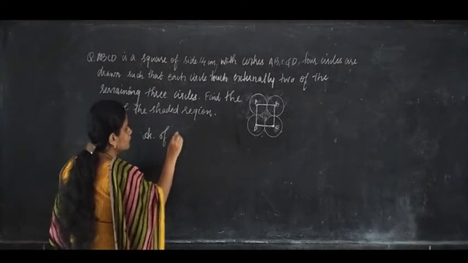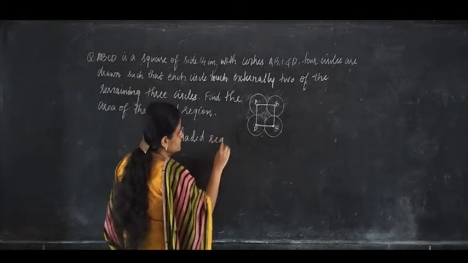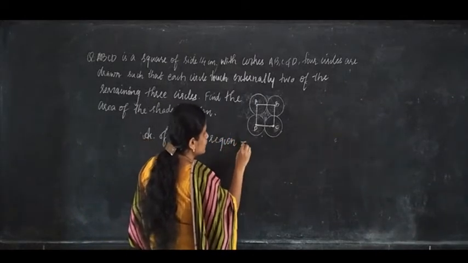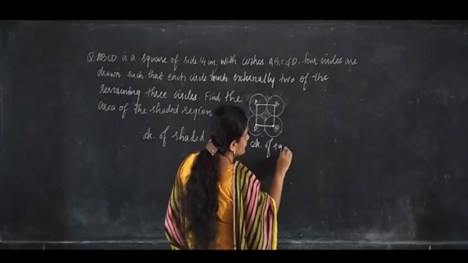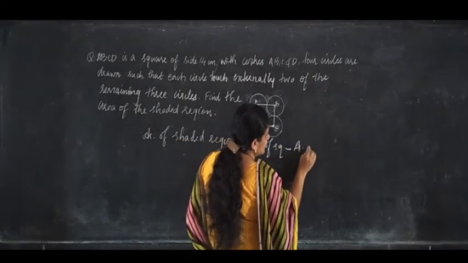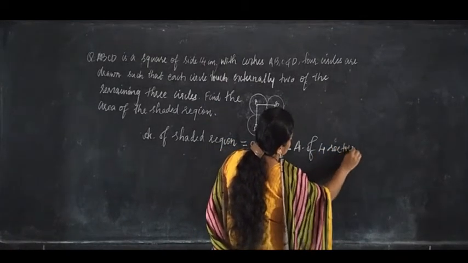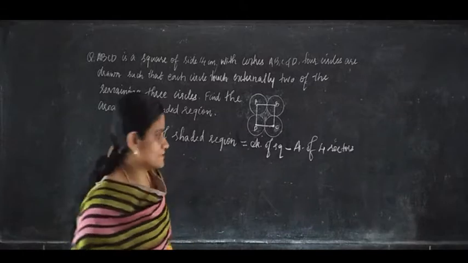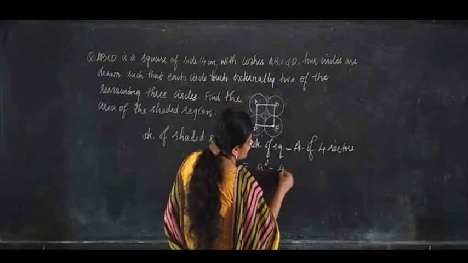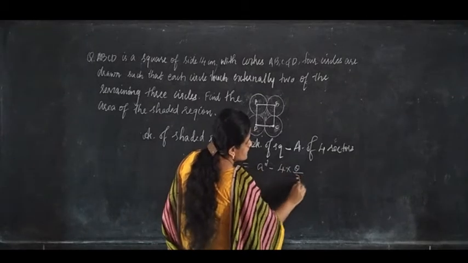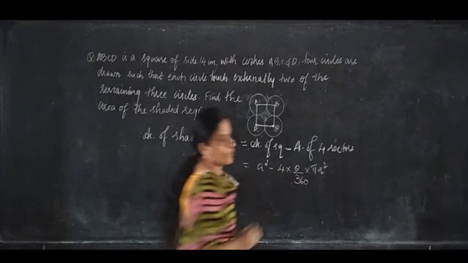Area of shaded region is equal to area of square minus area of 4 sectors. So what is that? Area of square minus 4 into theta by 360 into pi r square.